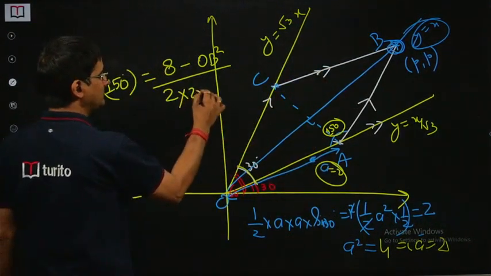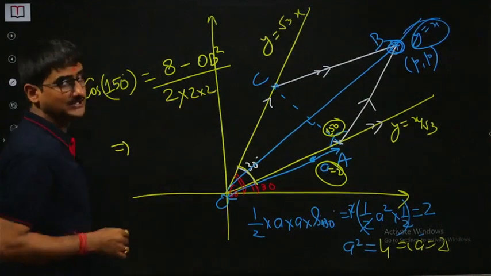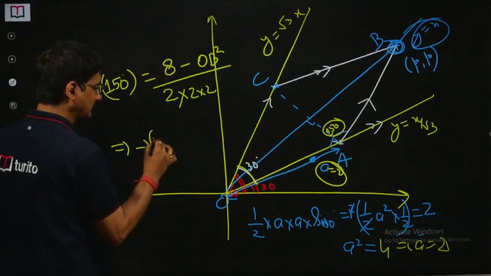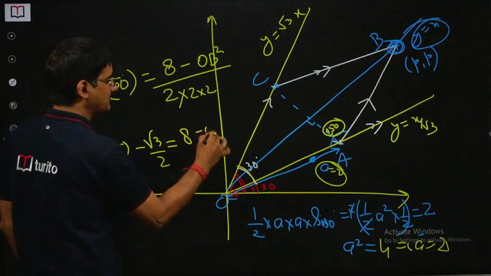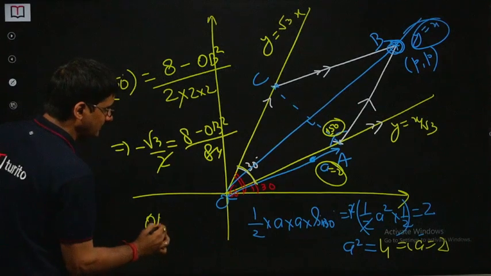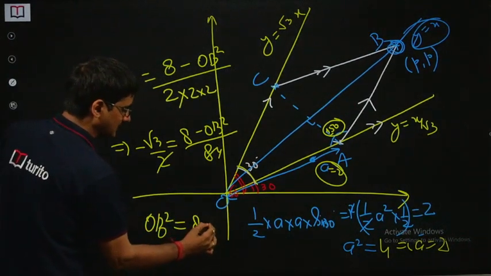So it's again 2 into 2. Cos 150 degrees is minus root 3 by 2. So minus root 3 by 2 is equal to 8 minus OB square upon 8. So OB square is 8 minus 4 root 3.